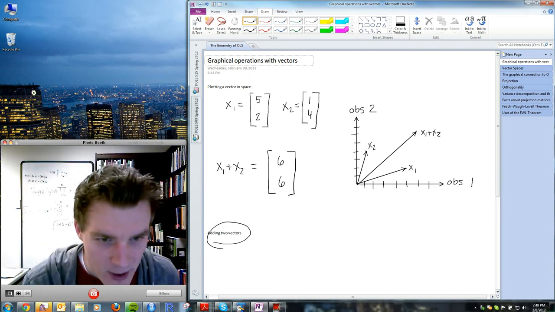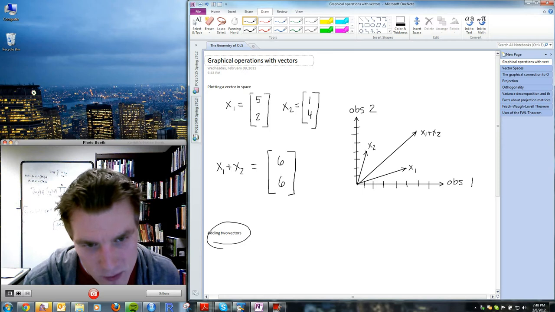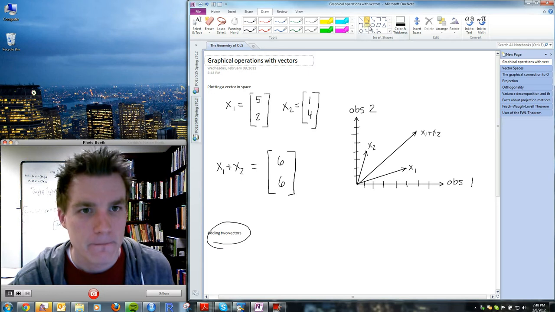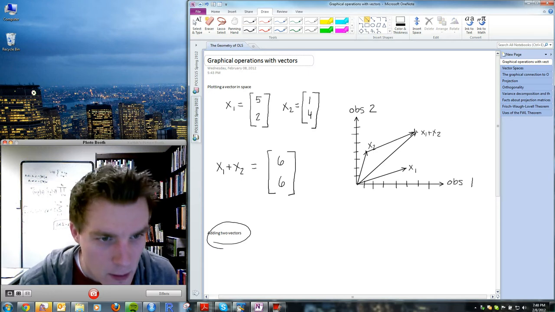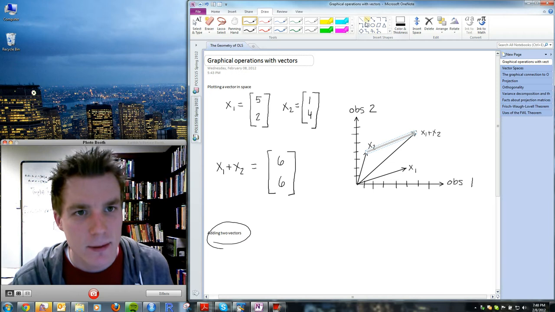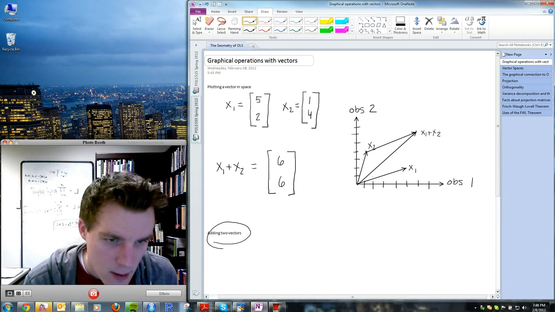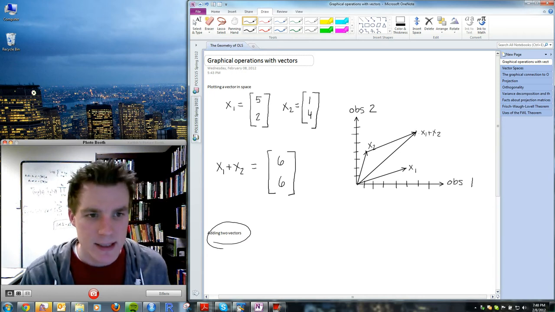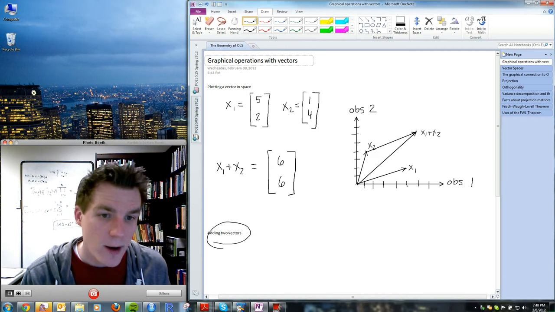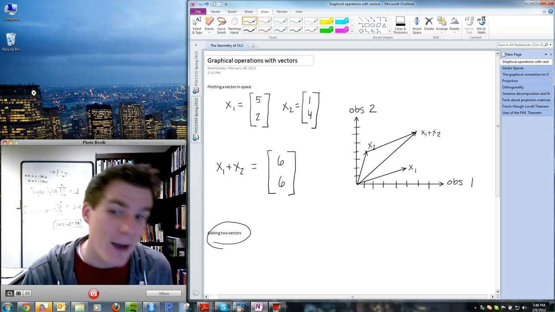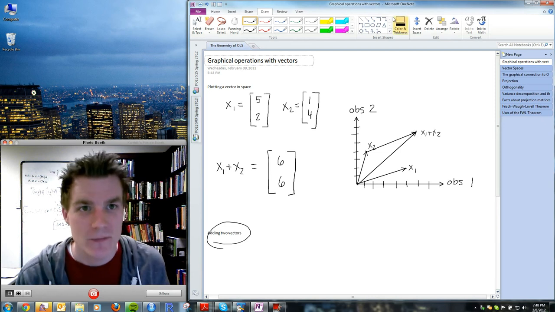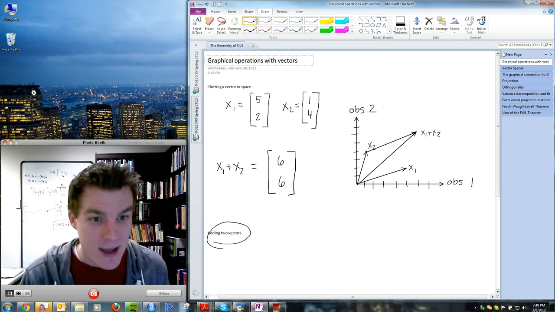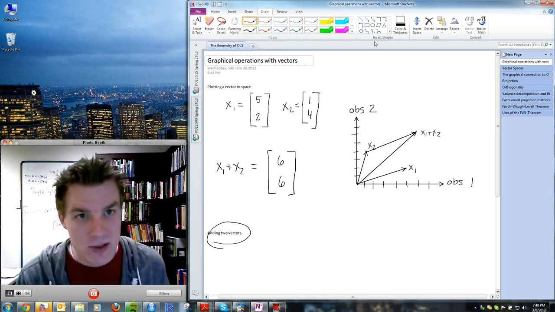If I take x1 right here, there's its tail, there's its head, and I drag it up to the head of x2, just like that, you'd see that the x1 plus x2 point is located exactly where I'd arrive if I started at the head of x2 and put the tail of x1 there. The same would go if I started at the head of x1 and put the tail of x2 at the end of it.